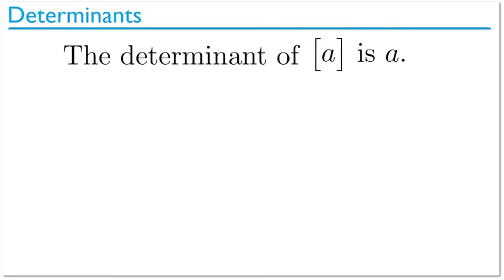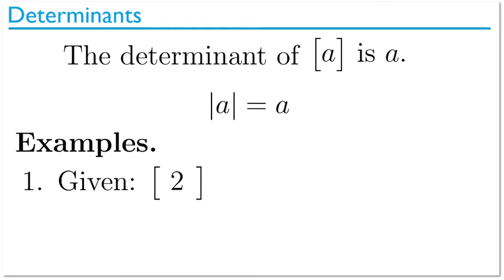The determinant of a 1 by 1 matrix whose only entry is A is the entry itself, A, and we write it in this way. For example, if we have this 1 by 1 matrix whose only entry is 2, then the determinant of that matrix is 2.